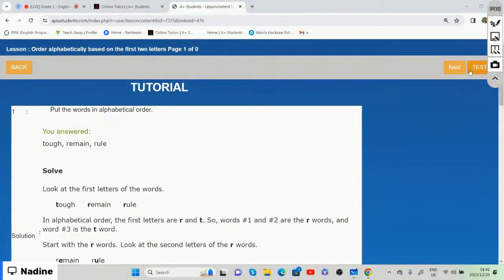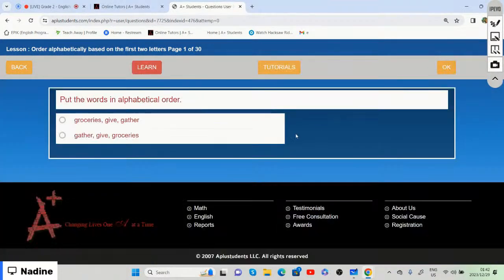All right, so now we're going to our test. So we need to put the words in alphabetical order. And as you can see, all three of these words start with a G. Right?